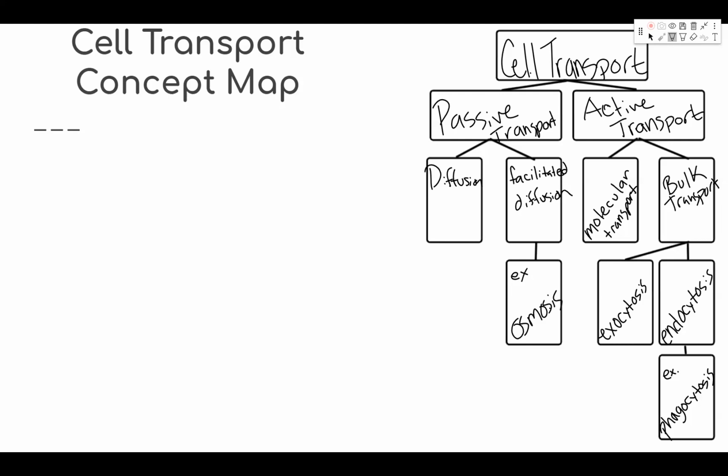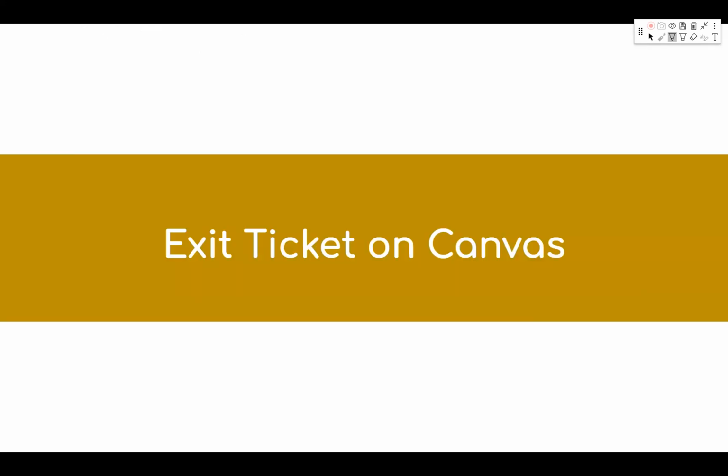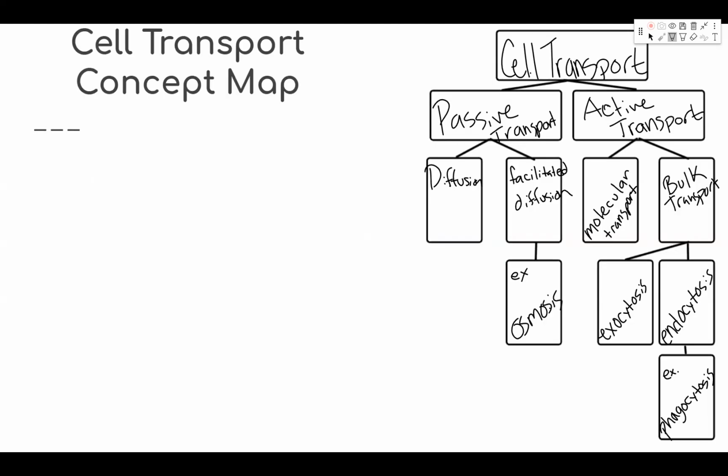So we have these concept maps. We can now use them to help us figure out what type of transport falls into which categories, right? So if you're thinking about moving large amounts of things, moving large stuff around the membrane, you're like, oh, okay, I know that's bulk transport. So you can go back and say, okay, it's active.